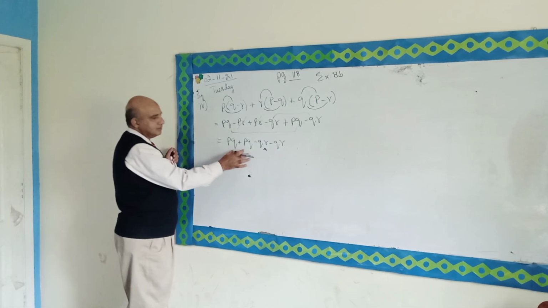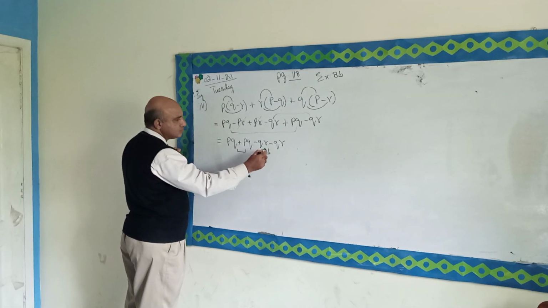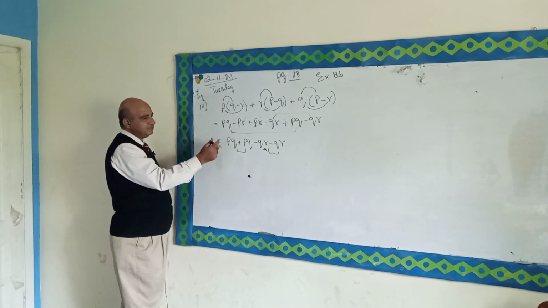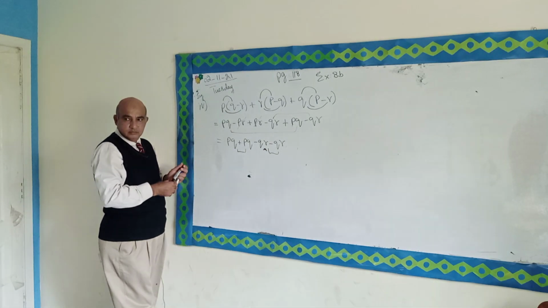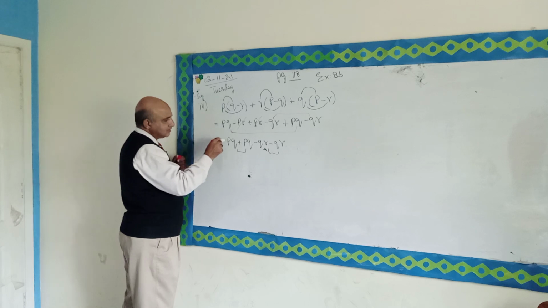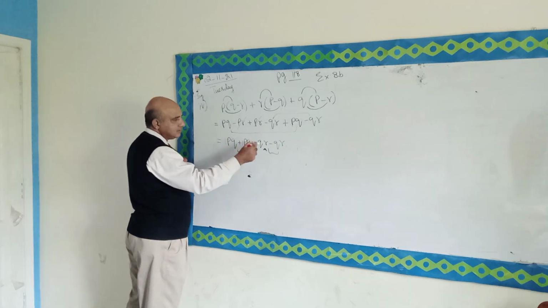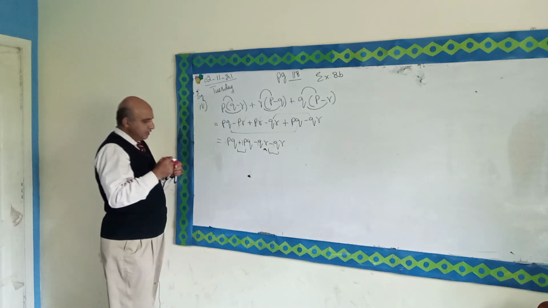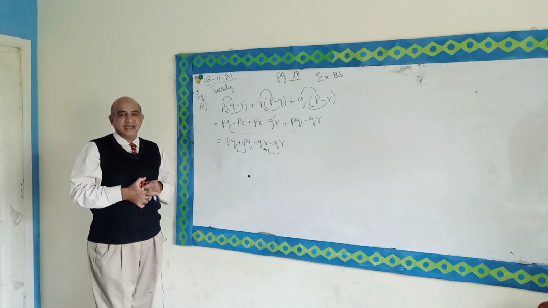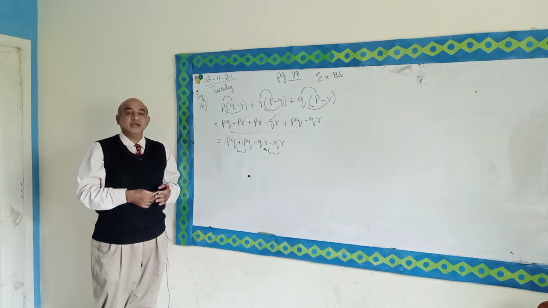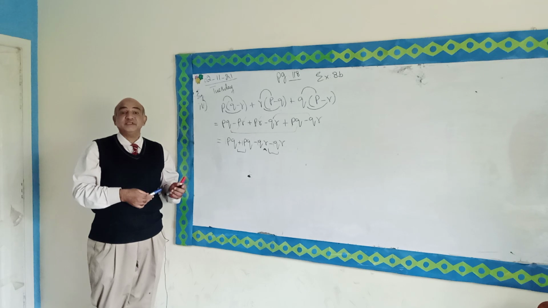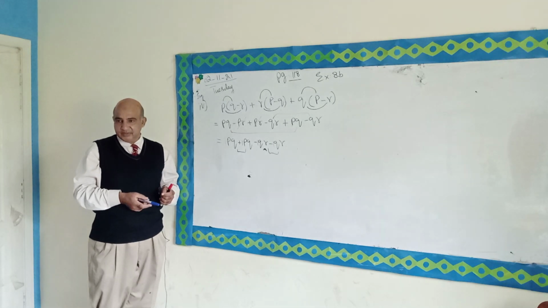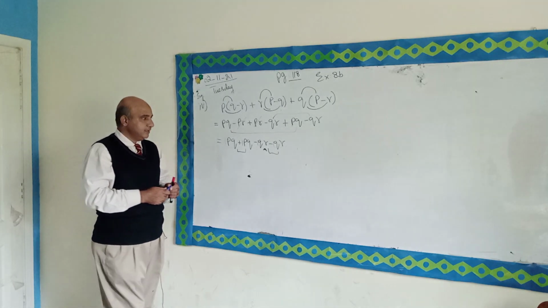Now look here. These two are the same. What is the coefficient of this PQ? 1. Yes, it's 1 and it's also 1. When two same variables are added or subtracted, coefficients are added or subtracted.